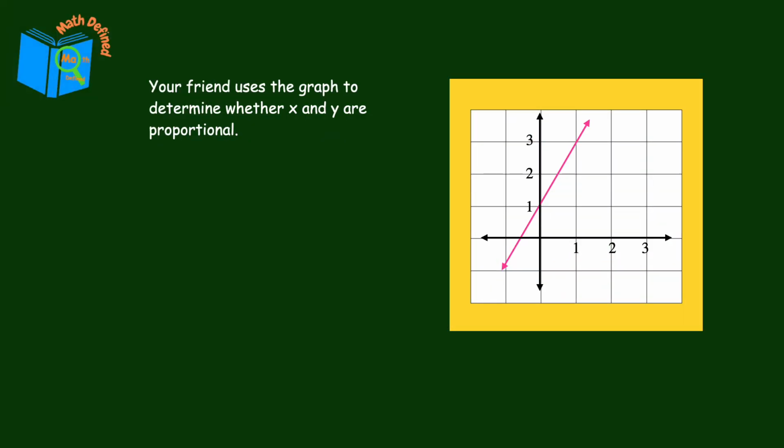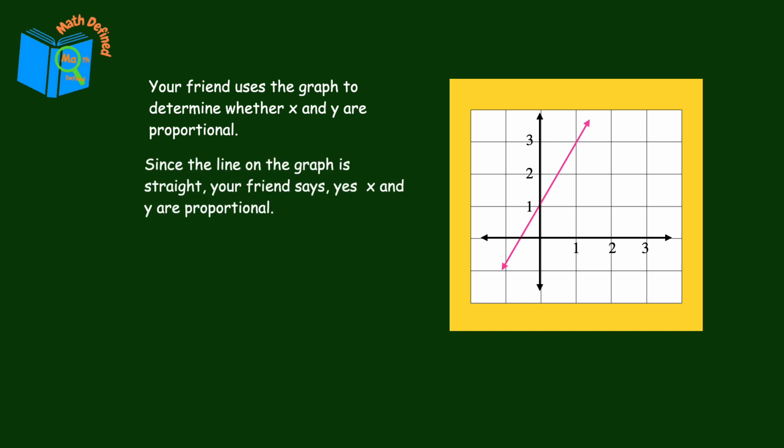All right, last question. Your friend uses the graph to determine whether x and y are proportional. Since the line on the graph is straight, your friend says, yes, x and y are proportional. Is your friend correct? Remember, just because the line on a graph is straight, it doesn't always mean that x and y are proportional.